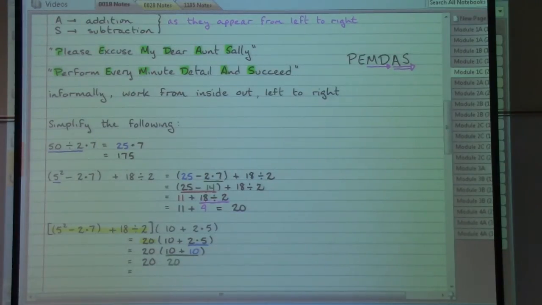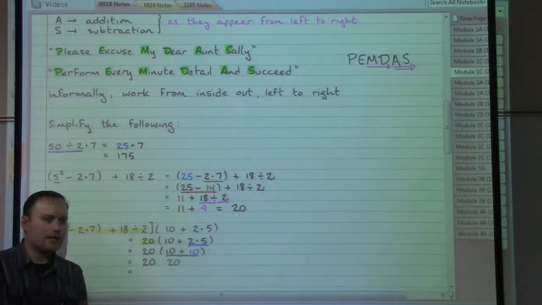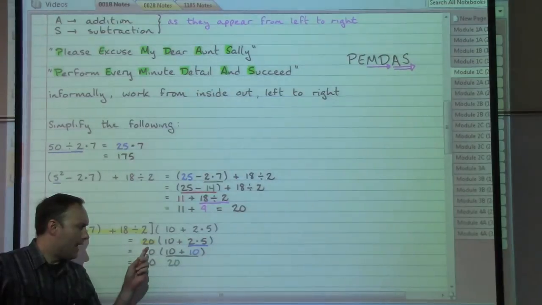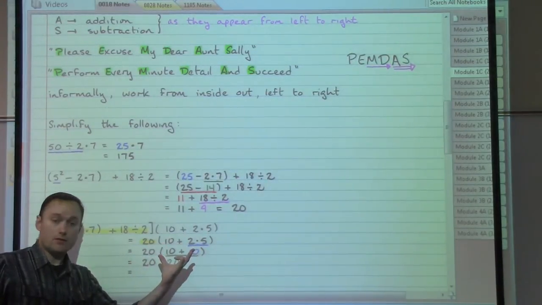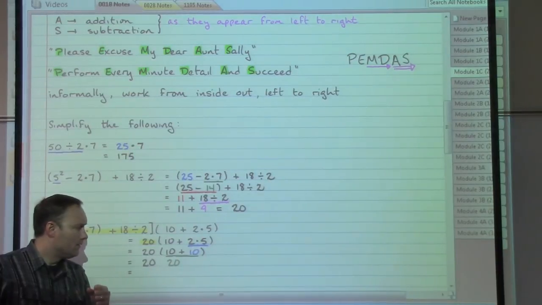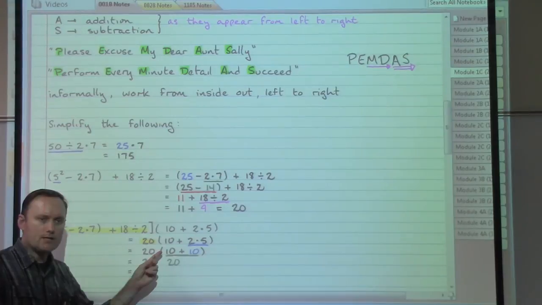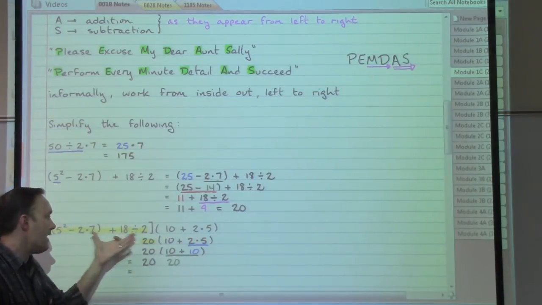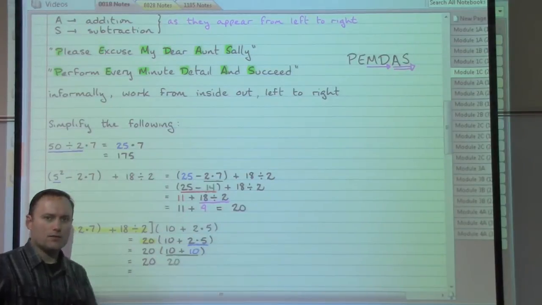Well, now we're going to need a little something that we haven't directly mentioned before. How the 20 would be connected with, well, turns out it's another 20 here. What do we have going on when we have a number written beside a set of parentheses, or when we have a set of brackets written beside a set of parentheses?